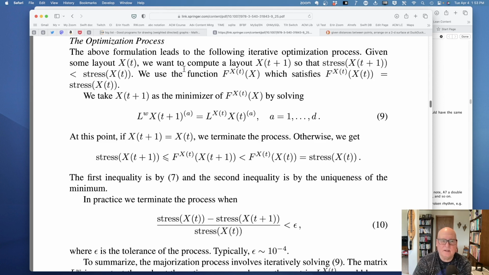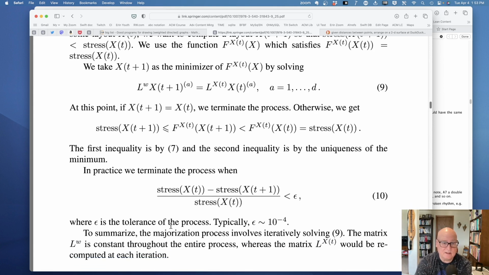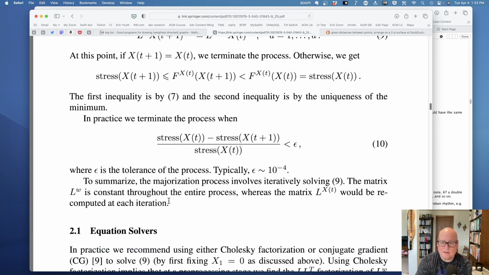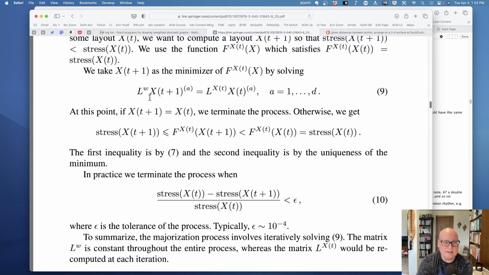So that says we're decreasing this stress formula, which is our goal, to minimize it. Terminate when the difference between the two is less than some delta or epsilon, like 10 to the minus fourth. Summarize: it involves iteratively solving number 9.